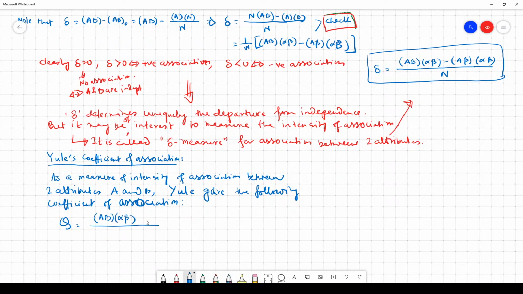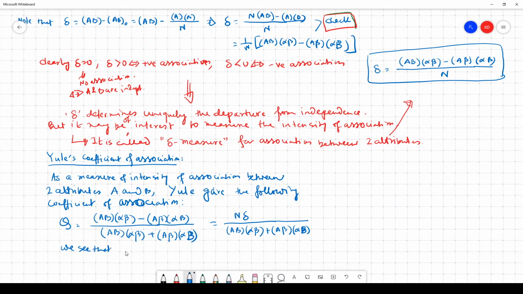Q equal to AB alpha beta minus A beta alpha B by AB alpha beta plus A beta alpha B, and this is equal to N delta by AB alpha beta plus A beta alpha B. If A and B are independent, this means delta equal to 0, which implies Q also 0.